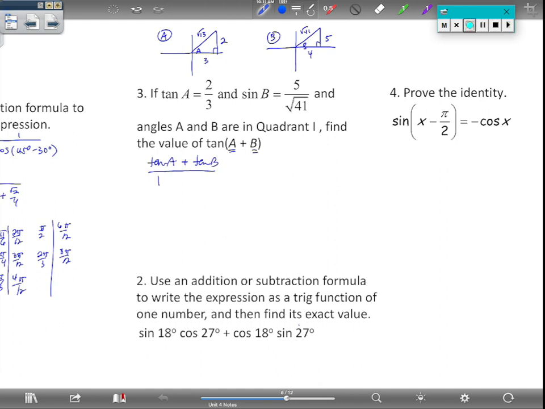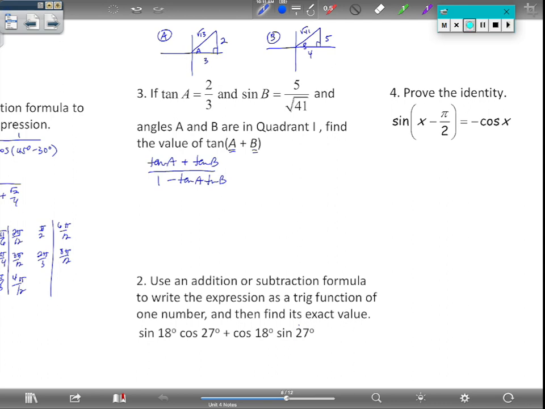And do you remember the sign? If the top is positive, it's going to be the opposite, it's going to be minus, and it's going to be the product of those two, tangent A, tangent B. Now to get those values, we're going to have to read them off of the triangles. We need to be careful to read them off the proper triangle. In this case, since we're adding, it's not as big a deal. It's a bigger deal when we're subtracting.